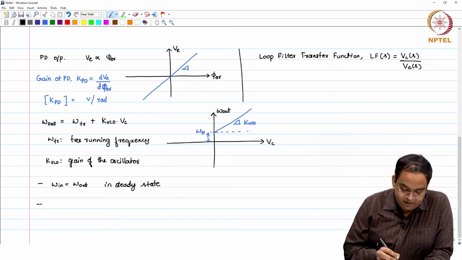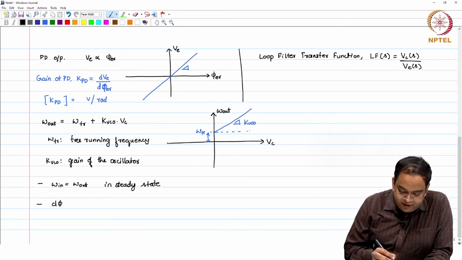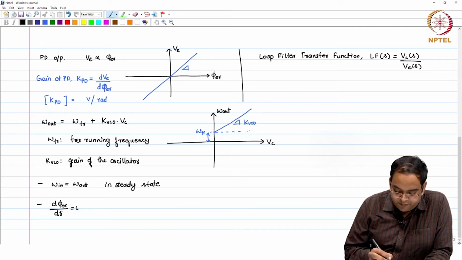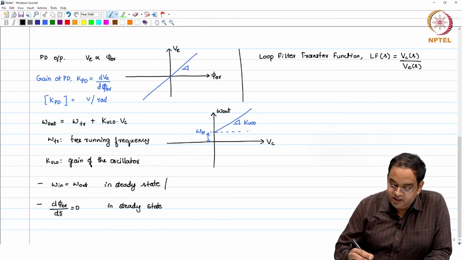And the rate of change of phase error with respect to time will be 0. This is the condition for the steady state, or locked state, of the PLL.